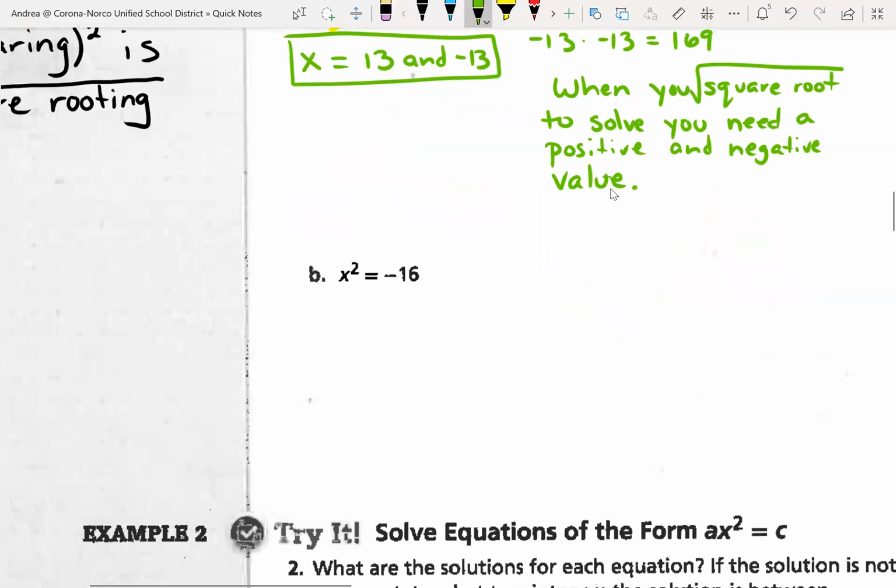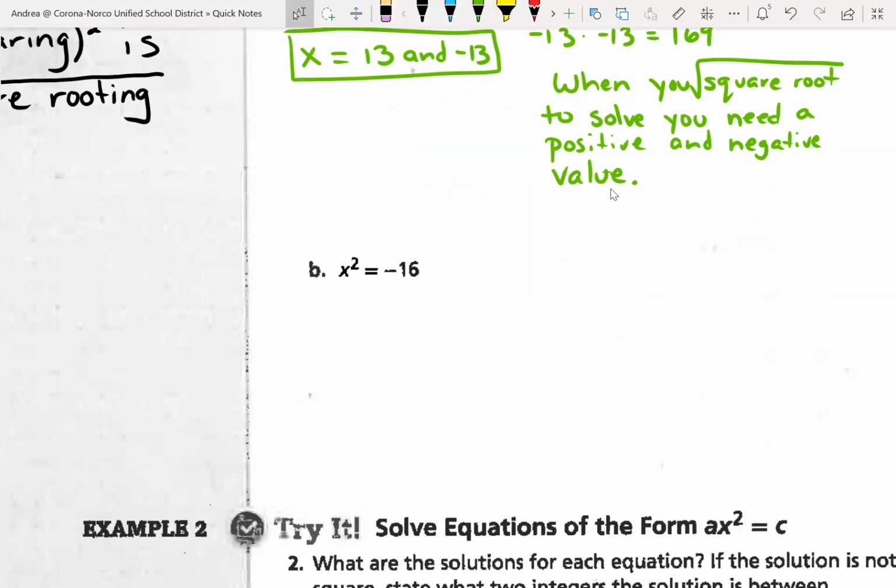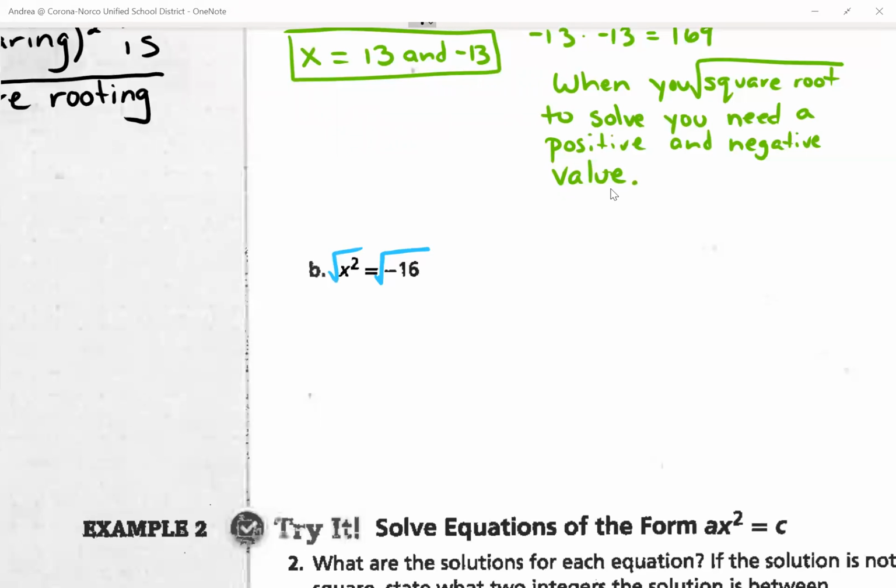Okay. In this case, now we have x squared equals negative 16. Just like before, the x squared is by itself, so to undo the square, I have to square root both sides. The square root of x squared is x.